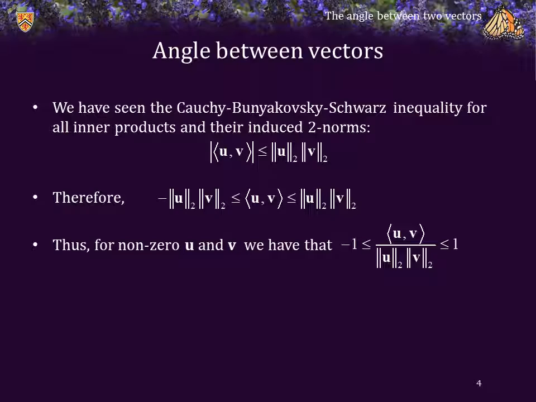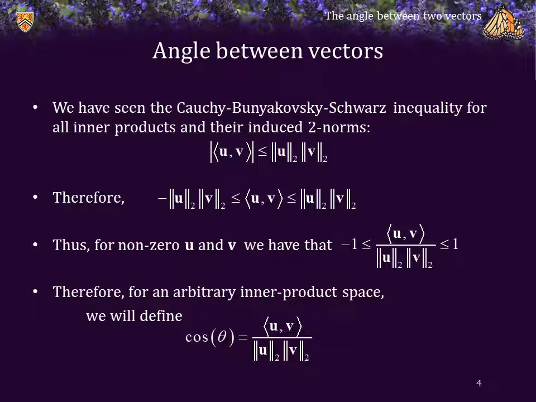Well, if this ratio is indeed bounded between these 2 values for all vectors in all vector spaces, then for an arbitrary vector space, we will simply define cos theta to be this ratio.